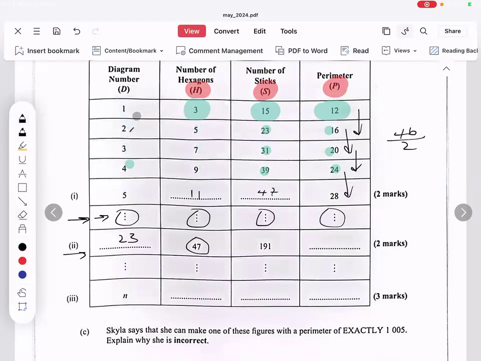But sir, if you multiply the number of hexagons, like if you multiply 11 times 2 and also add 1, you still get 23. But that's what we want. Okay. If you multiply the 11 by 2 and add 1, you get 23. But that's just coincidence.